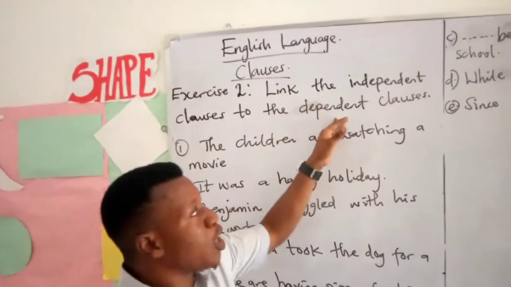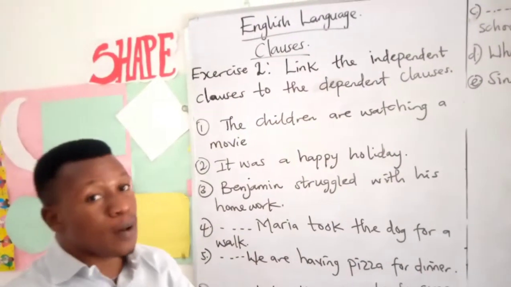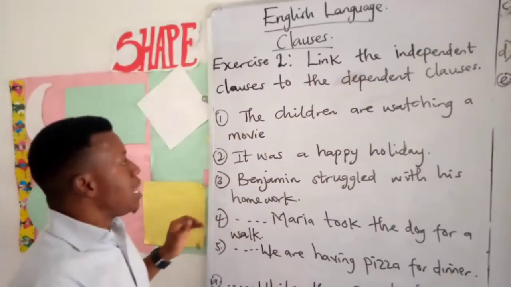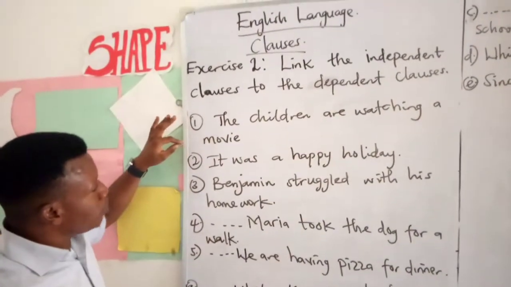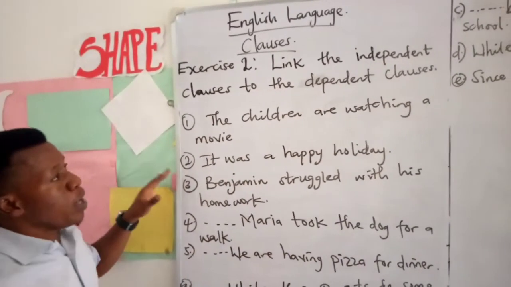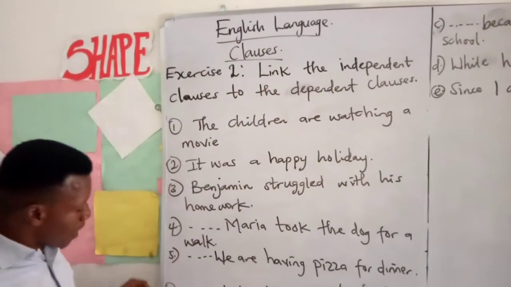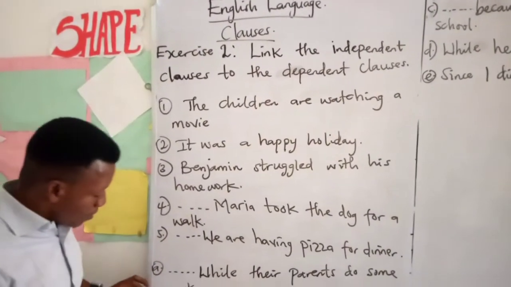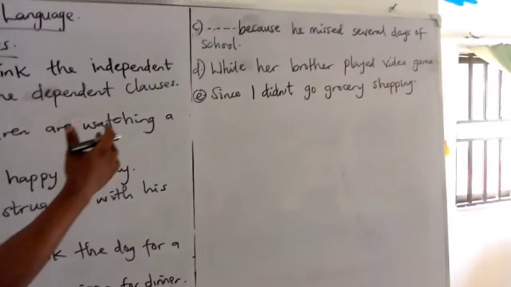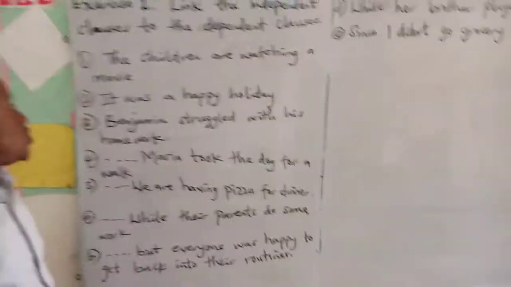While dependent clauses cannot stand on their own, they also cannot express complete thoughts. Now, when you look at the sentences, I have differentiated the two sets with numbers and alphabets. This is number 1 to 5, and we have letter A to E. So we are going to be merging the two to make a complete sentence.